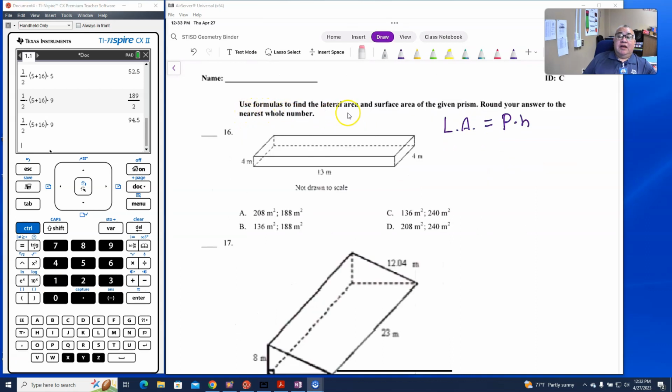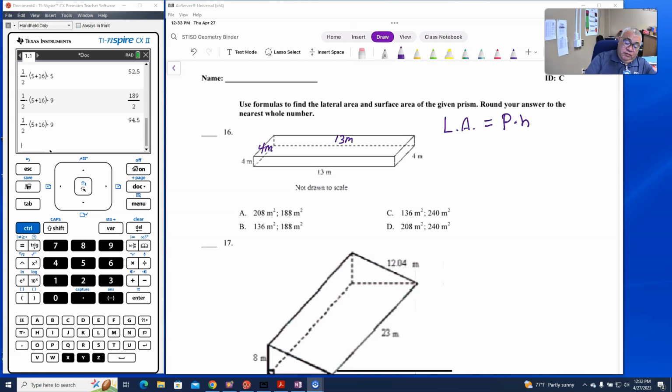Use formulas to find the lateral and the total surface area of the given prism. Now, to find the lateral area, you have to find the perimeter of the base, and then you multiply times the height. So in this case, we have 13. This is also 13 meters, and this is also 4 meters.